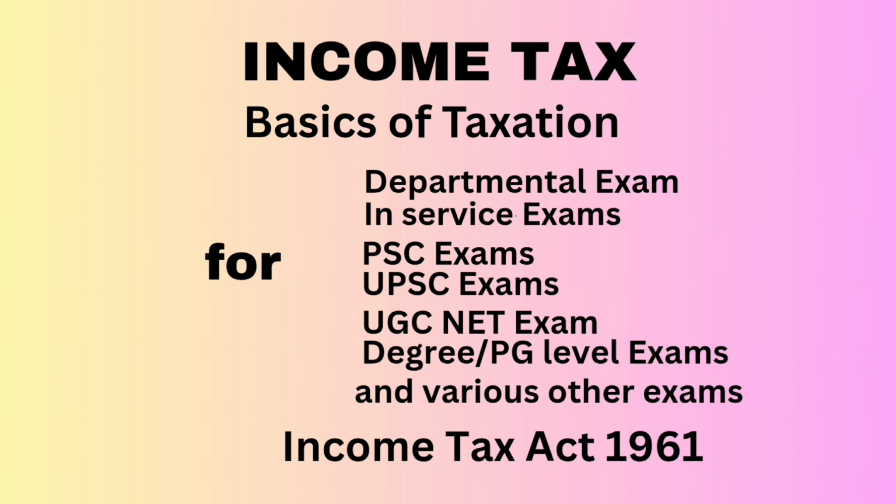Income under Income Tax Act. Income under Section 2, subsection 24 includes: 1. Profits and gains of business or profession. 2. Dividend. 3.